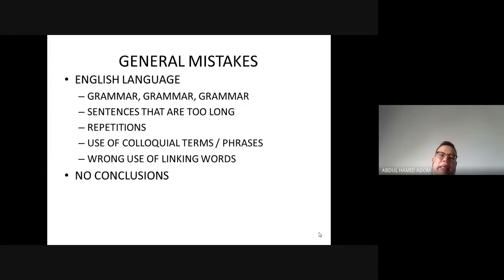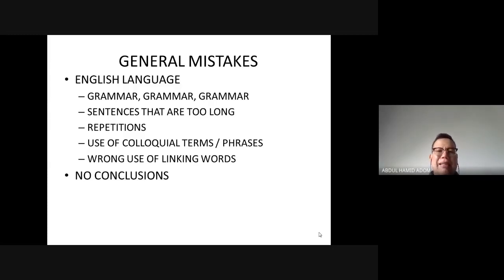This is the most common English language grammar problem. That is why it is much better for you to stick to short sentences. If you use short sentences, the chances of you making grammatical mistakes will be less. That is why the next one is that the sentences are too long.